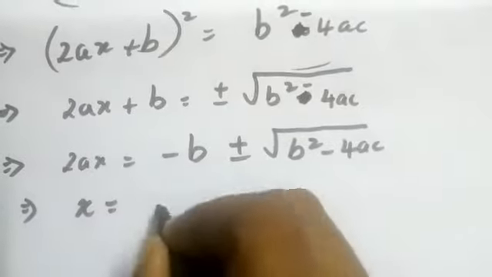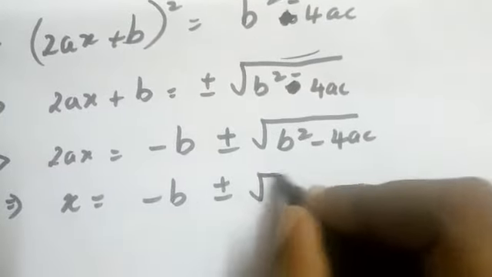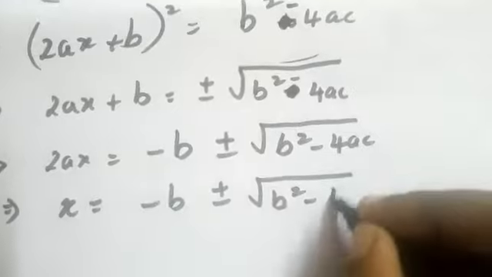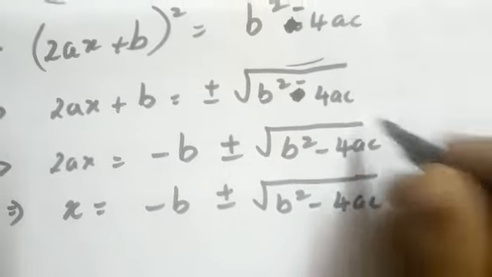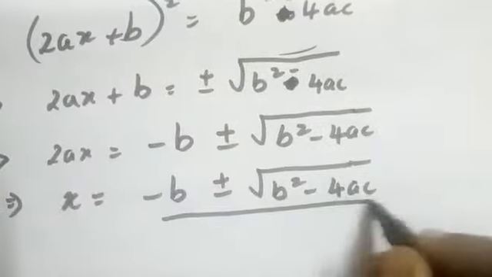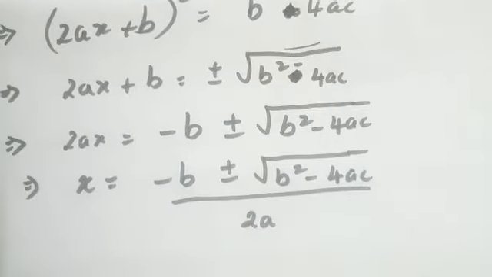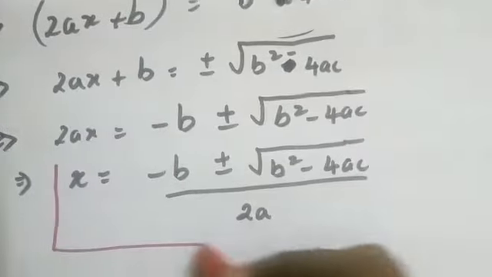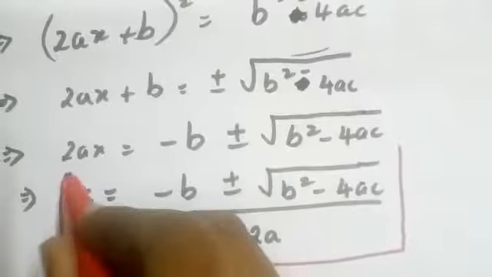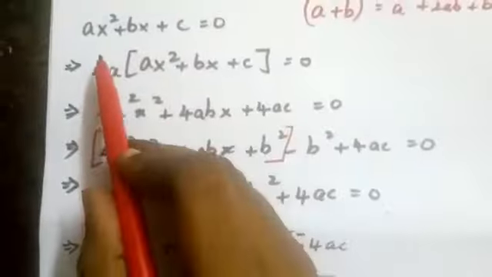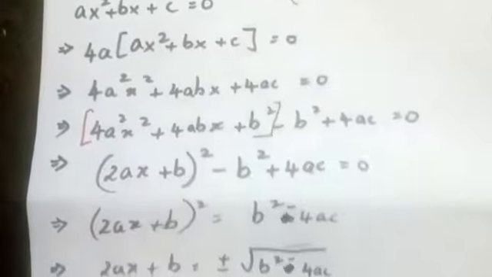So x is equal to minus b plus or minus root of b square minus 4ac, all divided by 2a. So this is your solution for the equation ax square plus bx plus c is equal to 0.